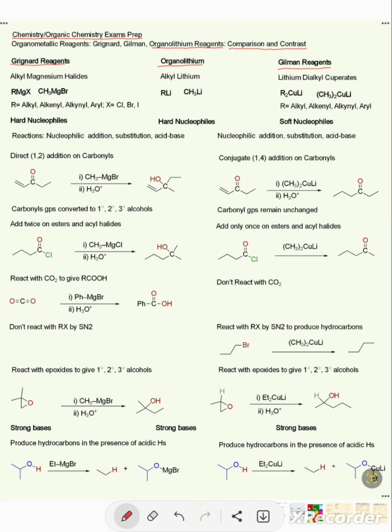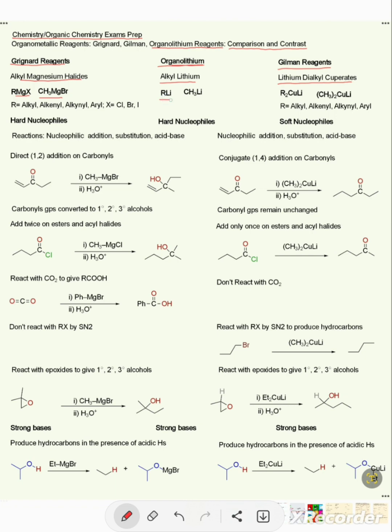So the Grignard reagents' general formula is RMgX. One example would be methyl magnesium bromide. They are known as alkyl magnesium halides. The carbon-metal bond here is very polar, and that is true for alkyl lithium compounds and alkyl copper compounds as well. The second type here is the organolithium compounds.